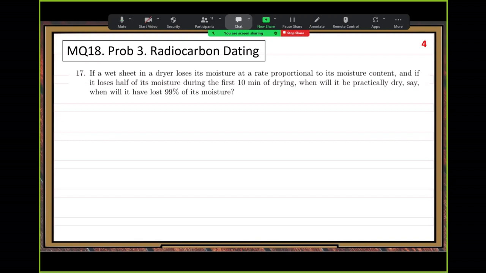For example, this one, moisture, the dryer. This is one of our exercise questions, because the equation is the same, the model is the same, and the way we solve the equation is similar. So the first question I give you is of this type. It could be radiocarbon, but I try to find one under this type.